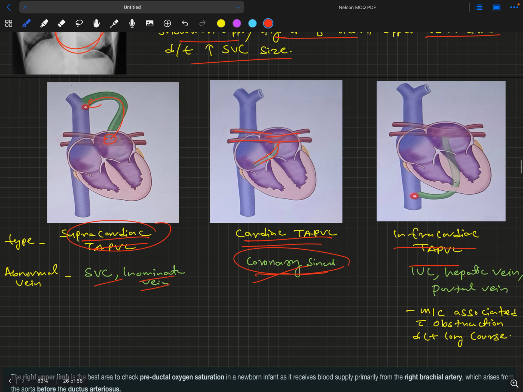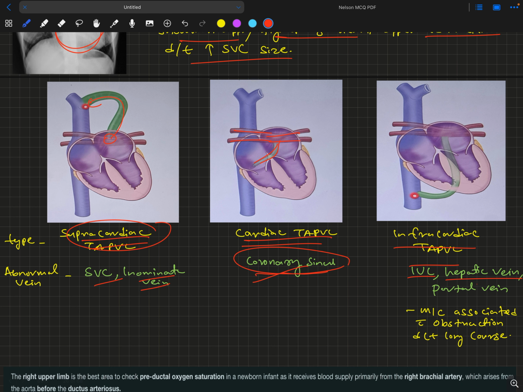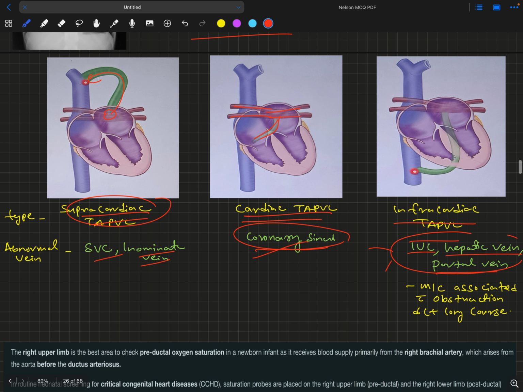Infracardiac TAPVC means it is due to IVC, hepatic vein or portal vein. These are the abnormal veins. Now the pulmonary vein drains into the IVC, hepatic vein or portal vein, then it drains into the right atrium. So there is an indirect connection between the right atrium and the pulmonary vein. Most commonly associated with obstruction due to the long course.